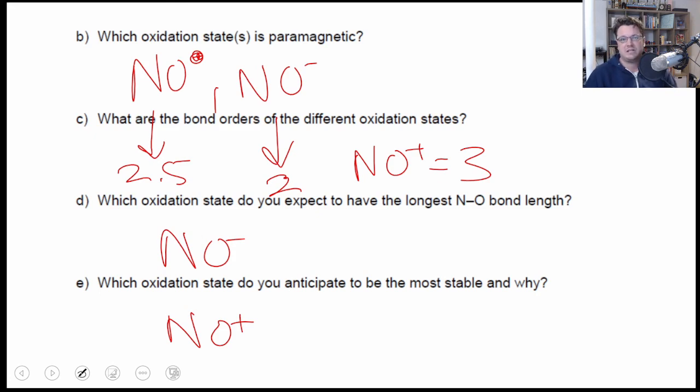It has more to do with it being a really good oxidant, where it can take away electrons from something else because it has a positive charge. But out of those 3 oxidation states, NO plus is the most stable in this case.